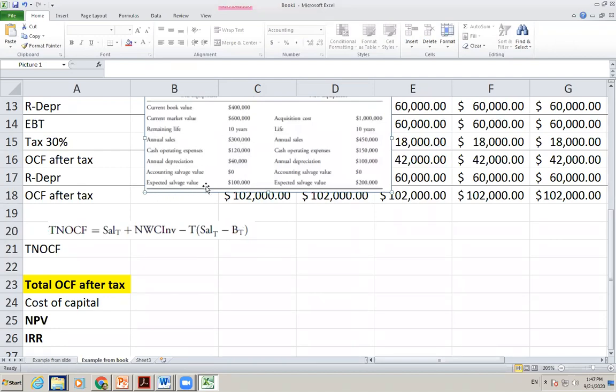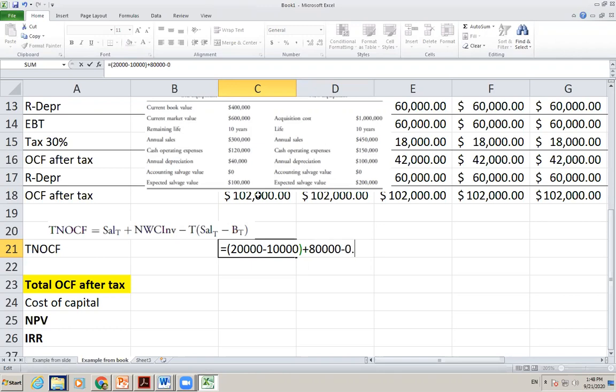Our expected salvage value is 200 and 100, so we take just the difference, new minus old: 200,000 minus 100,000, in brackets, plus change in net working capital, which is 80,000, minus 0.30 in the bracket, which you have to calculate: how much money you earn.